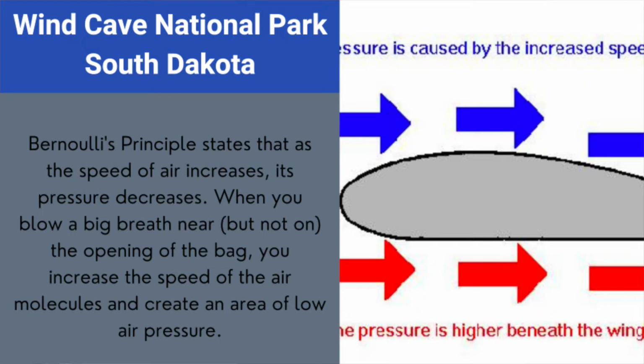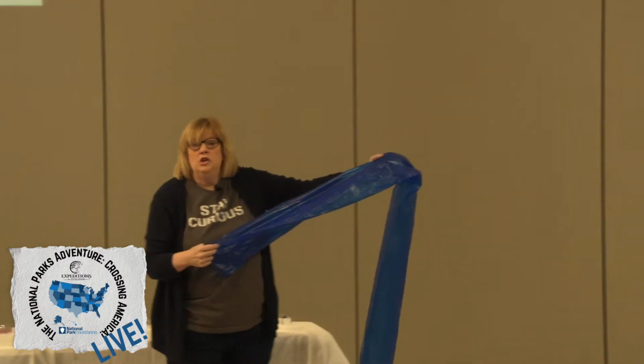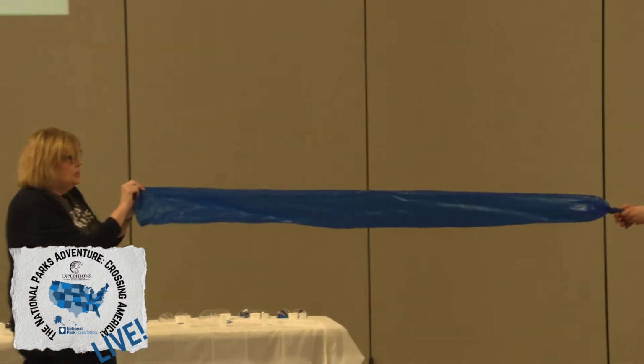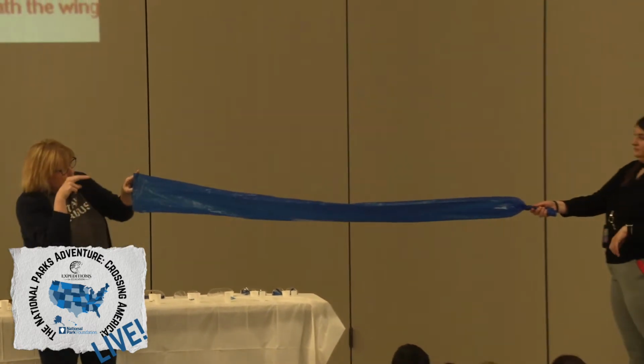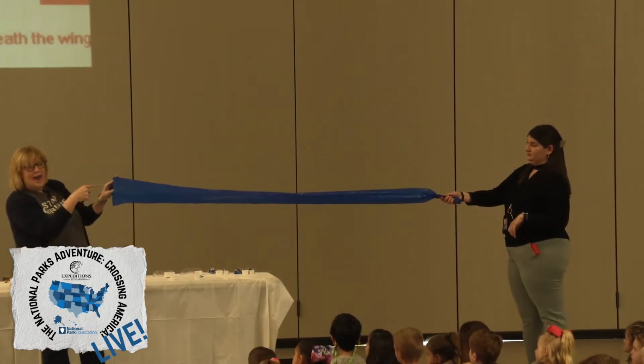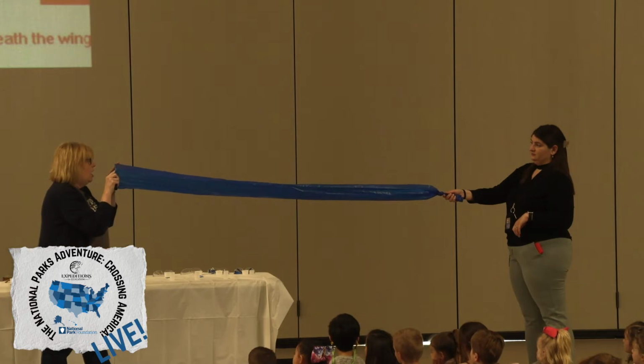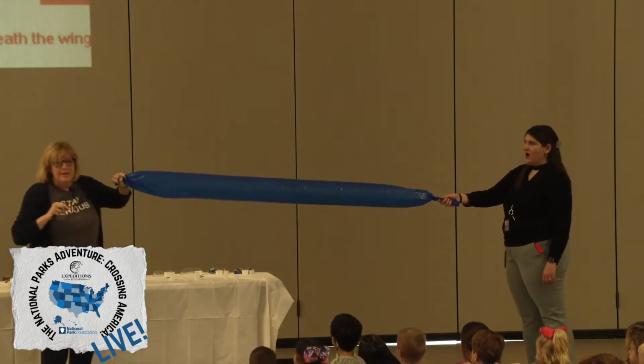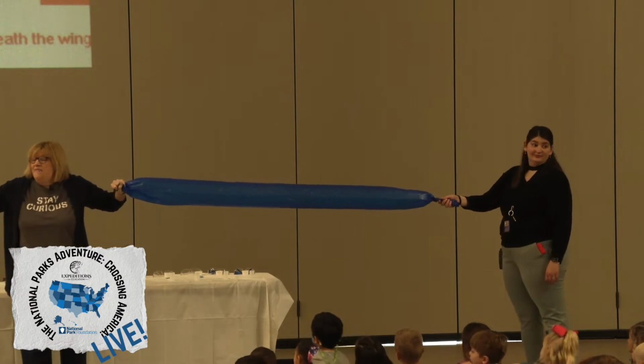And when air blows across the wing and underneath the wing, it lifts it. With Bernoulli's principle, you don't have to close the bag a little bit. You actually leave the bag completely open and you blow to the sides and it fills it. That's how I did it that fast.